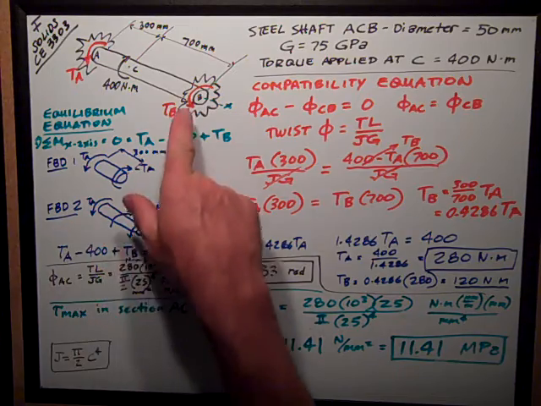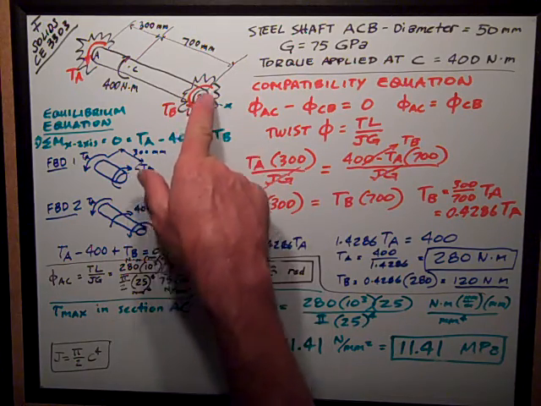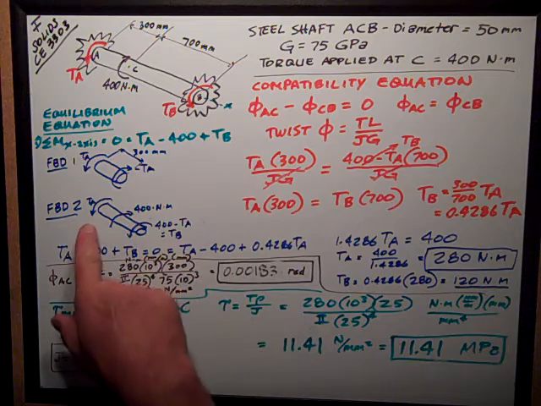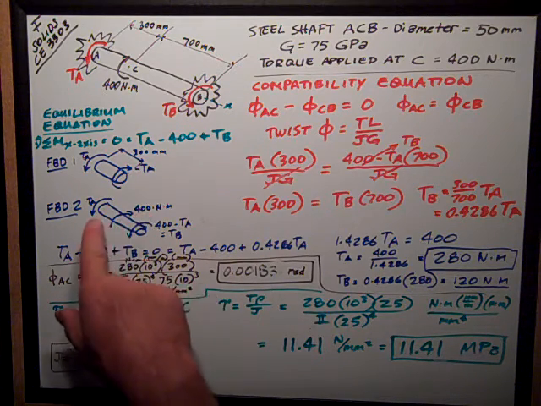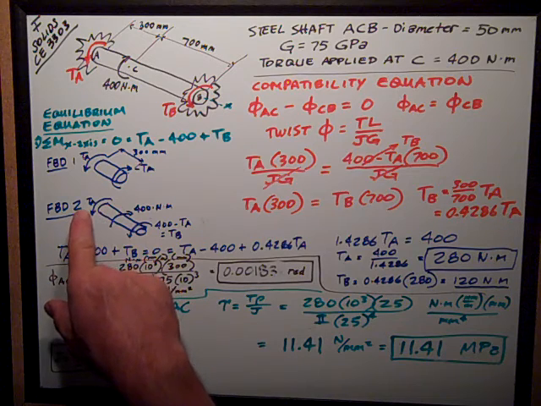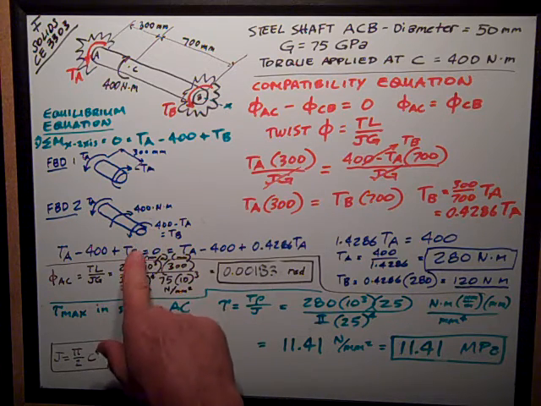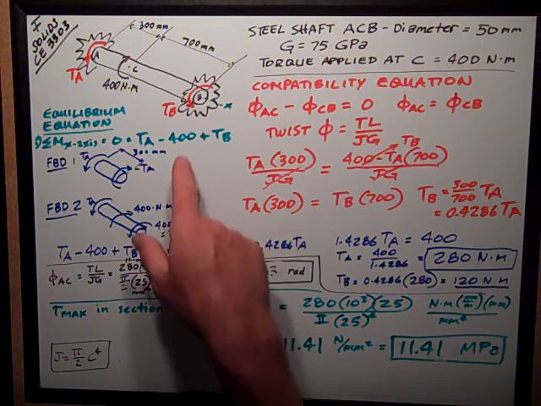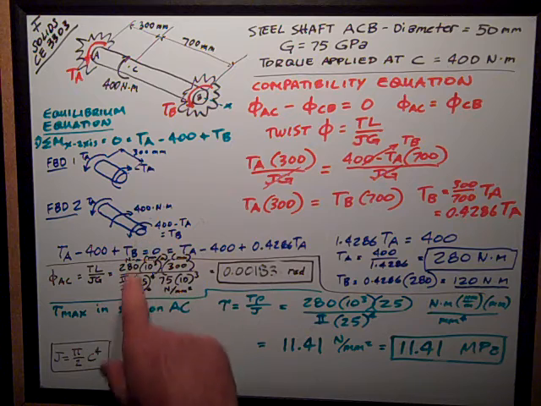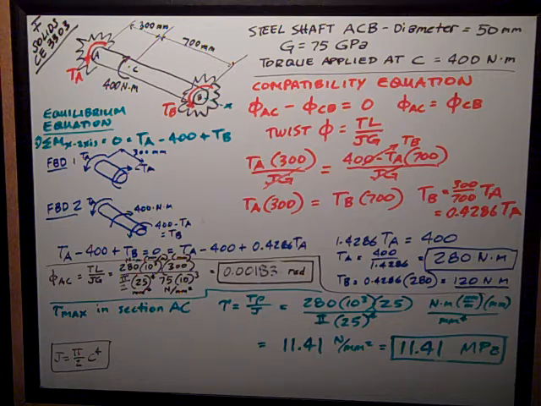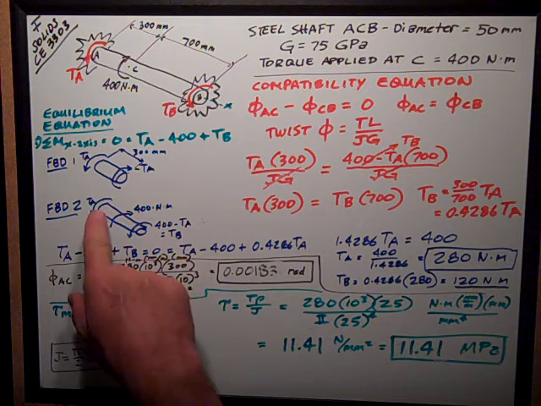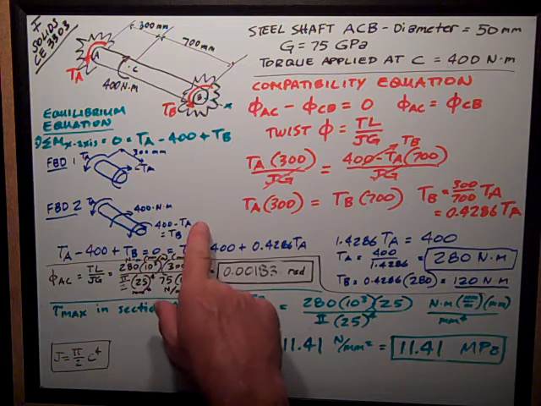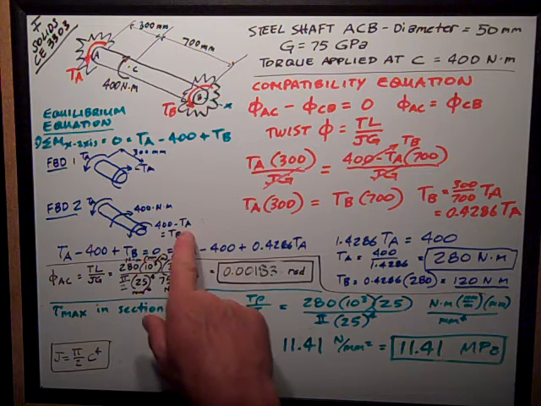And I cut a free body just to the right of point C, and I have the applied torque 400 Newton meters, TA resisting it at the A end, and then an internal torque of 400 minus TA, which has also got to be equal to TB at this end. So now I know TB is equal to 400 minus TA.